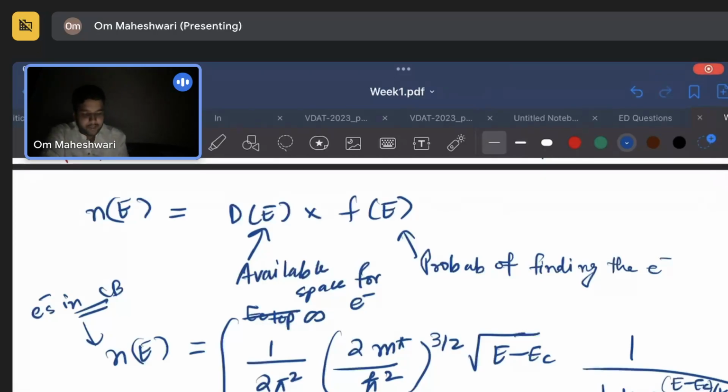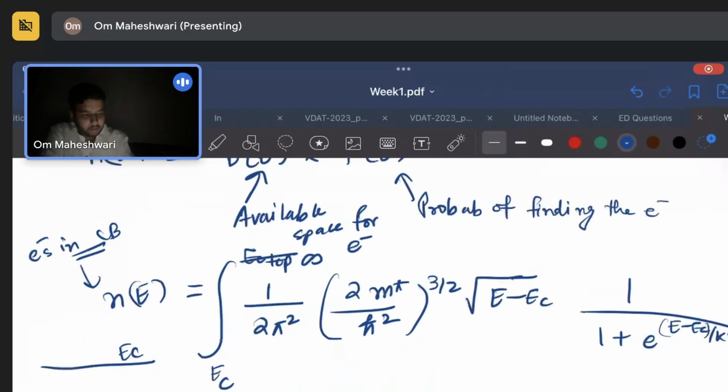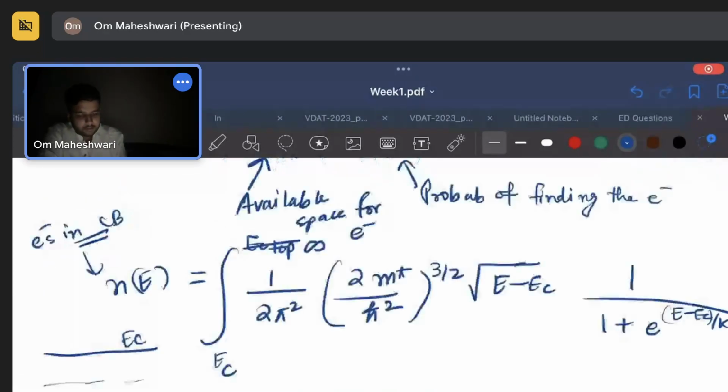When we integrate this, I'm not going to integrate it right now, I'll just write the result. So n(E) we get is some constant times e to the power minus (Ec minus Ef) by kT, and this Nc is the effective density of states in the conduction band.